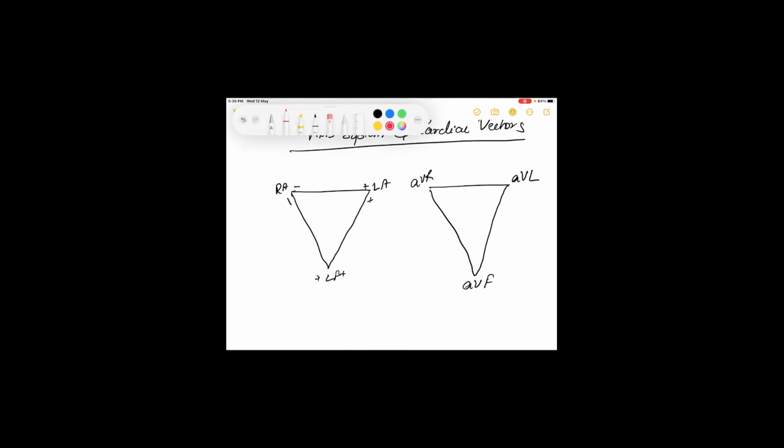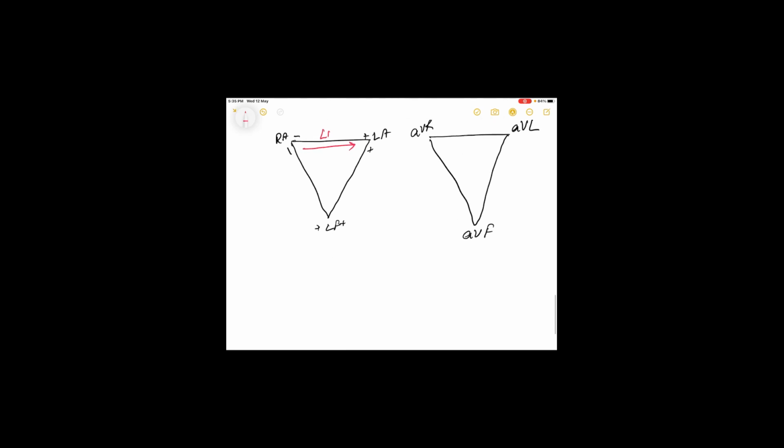Here in lead 1, the electrical activity is in this direction, so the axis for lead 1 will be here. Similarly, this is lead 2 and this is lead 3. So we have got the axis system for standard limb leads.